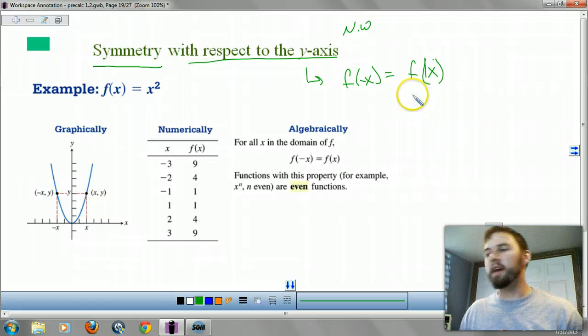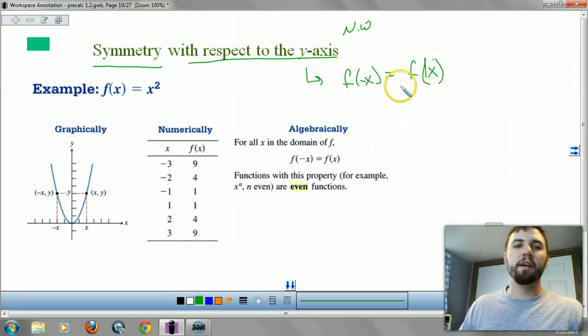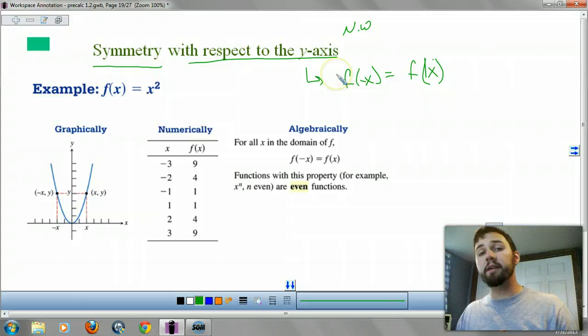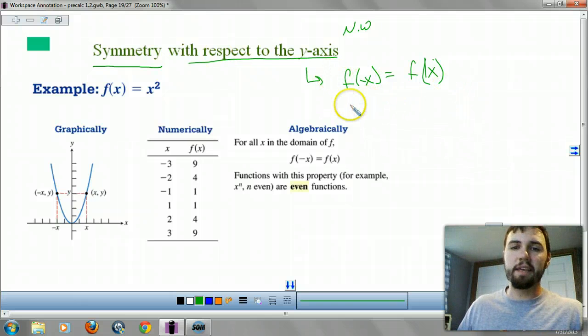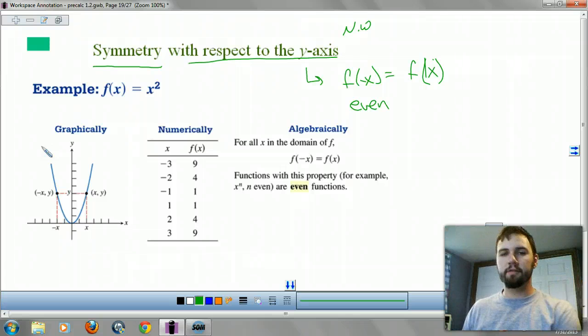Right? So if f of negative x equals f of x, then you're symmetric to the y, you can fold in half, and it's even. Okay? So again, this guy can cut in half, fold it, and covers itself. Right? Right.